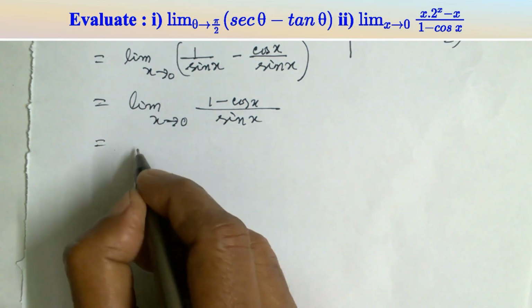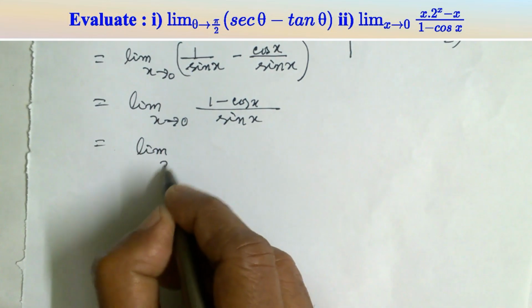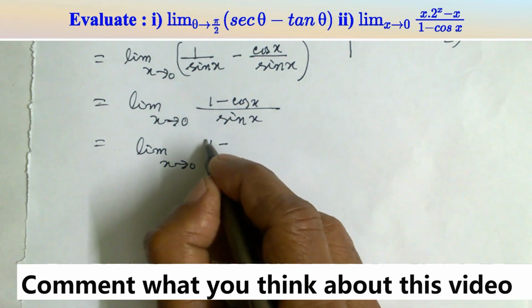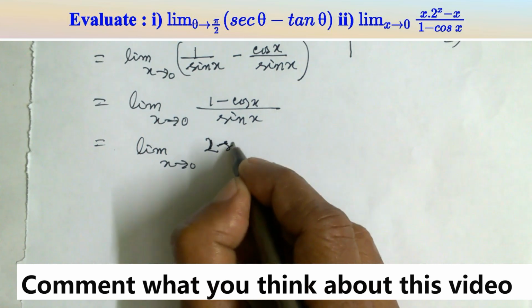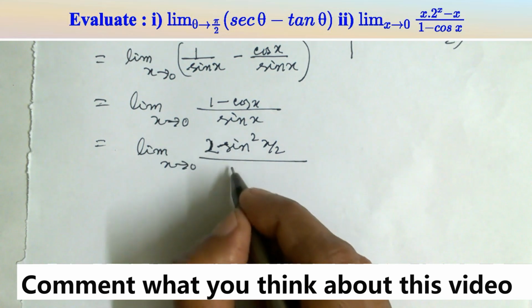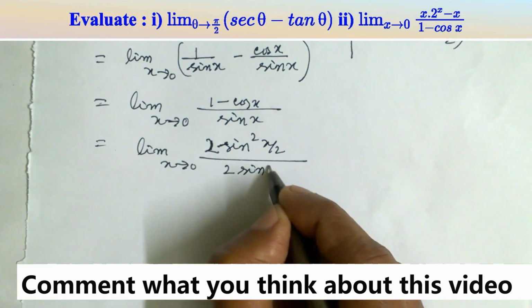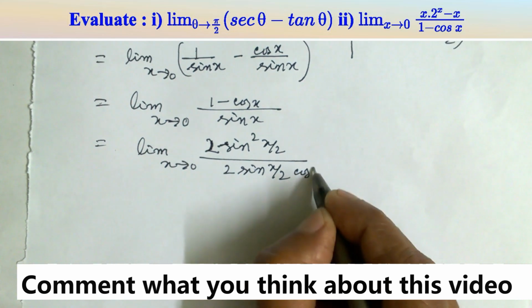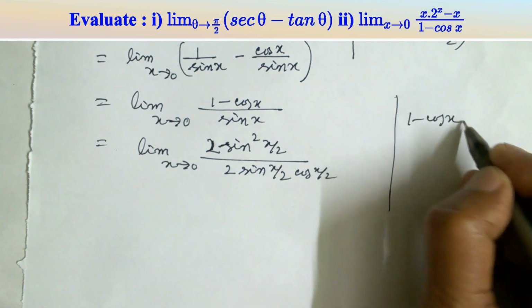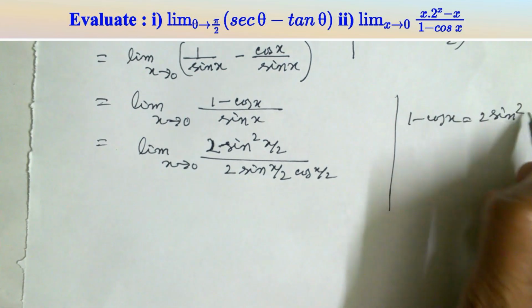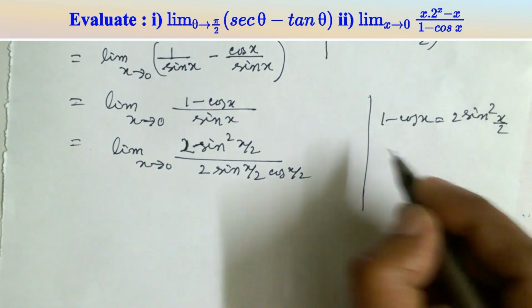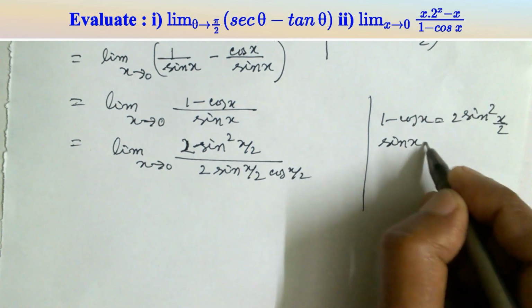Now 1 minus cos x is equal to, the formula is, 2 sin square x by 2, and sin x is equal to 2 sin x by 2 cos x by 2, as per the formula.